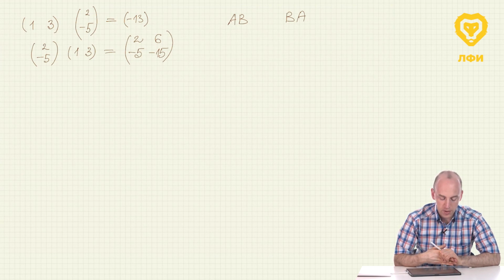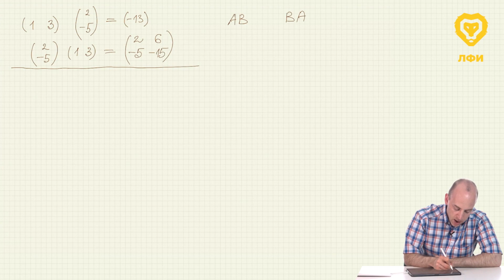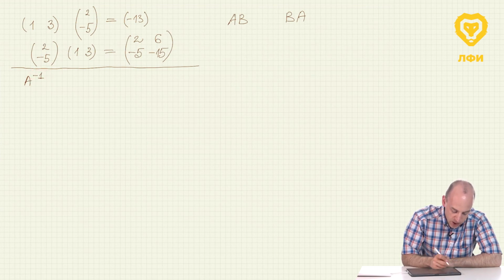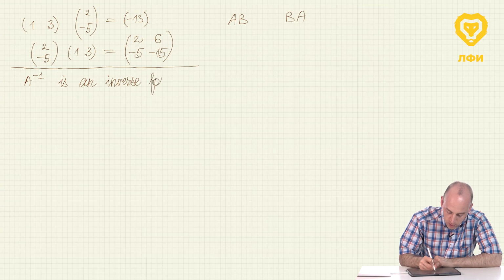We have already introduced what an identity matrix is, and let us say that matrix A to the minus first power, or A to minus 1, is called an inverse matrix for A if A is a quadratic matrix.